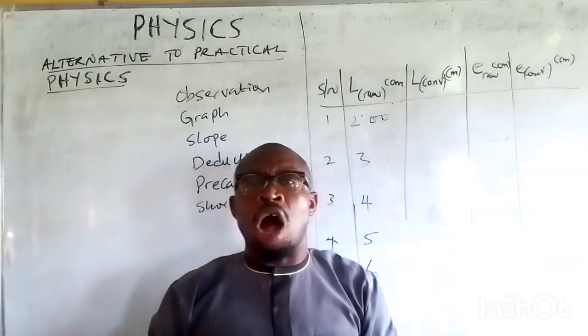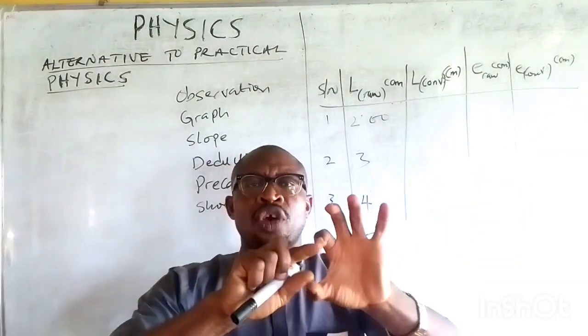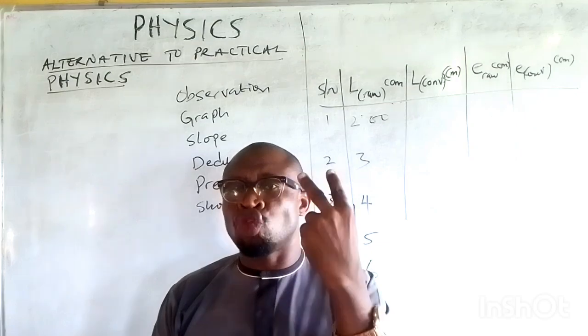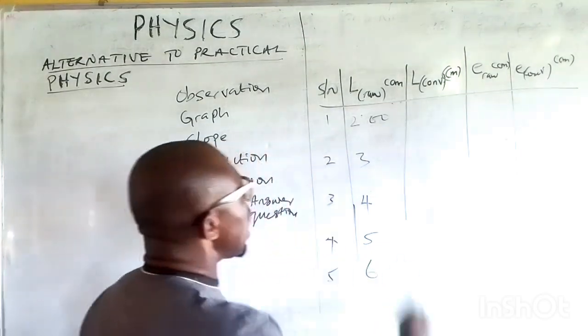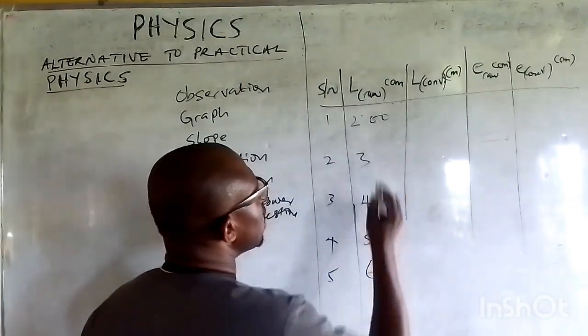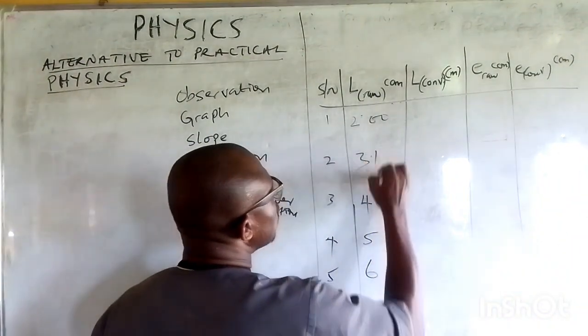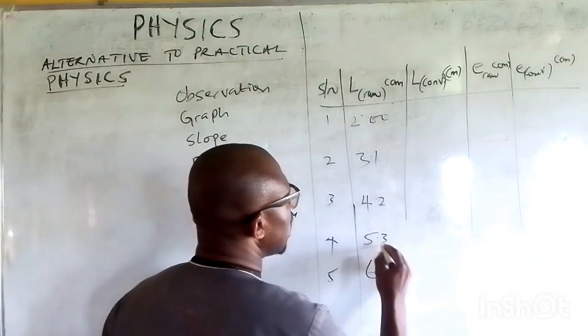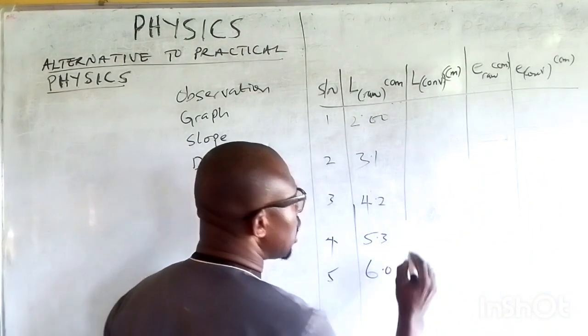Now, all values read directly from a meter rule, from devices, must be recorded to at least 2 decimal places. That is why I have it here. This one is 2. If you write it like this, maybe you will fail it. Now I write maybe 2, let's say 3.1, 4.2, 5.3, let's say 6.0 or thereabout.